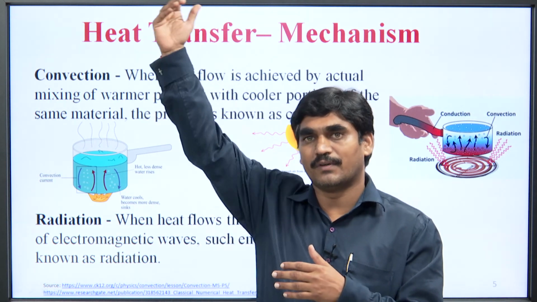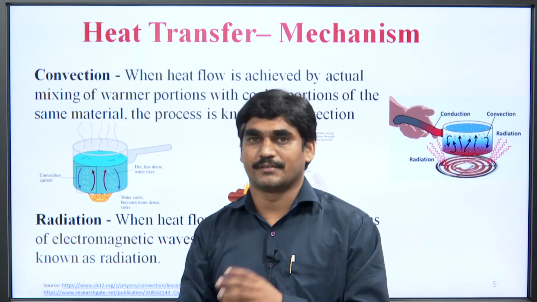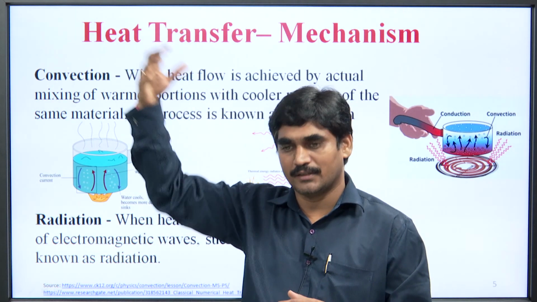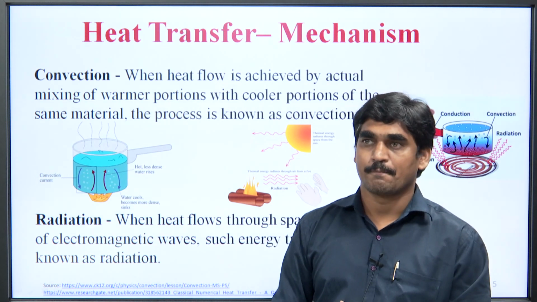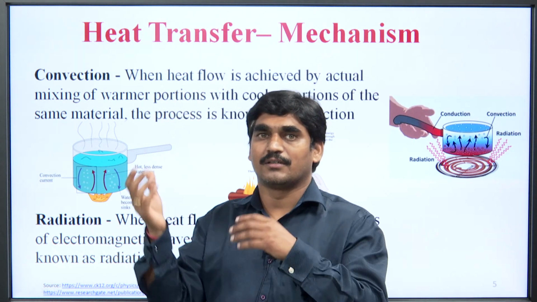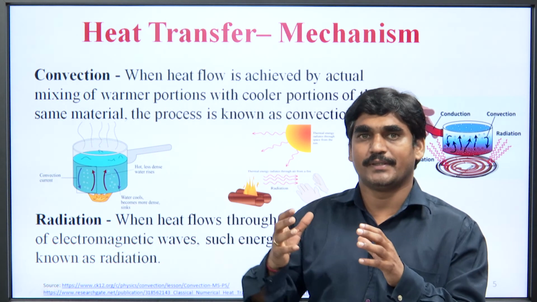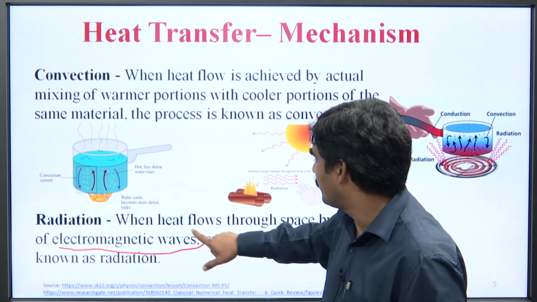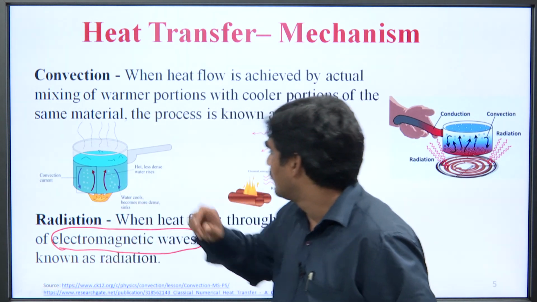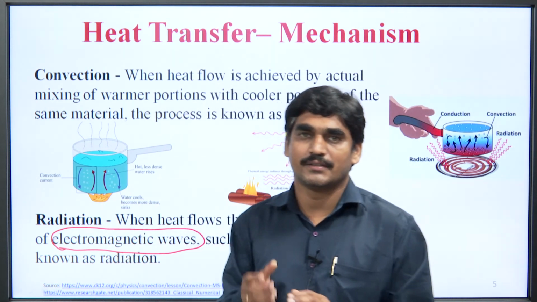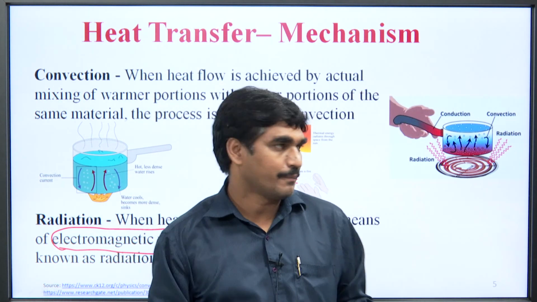The sun is far away from the earth, yet it transfers its heat from there to earth. In this space, the heat transfer takes place by electromagnetic waves. This transfer of thermal energy is called radiation.